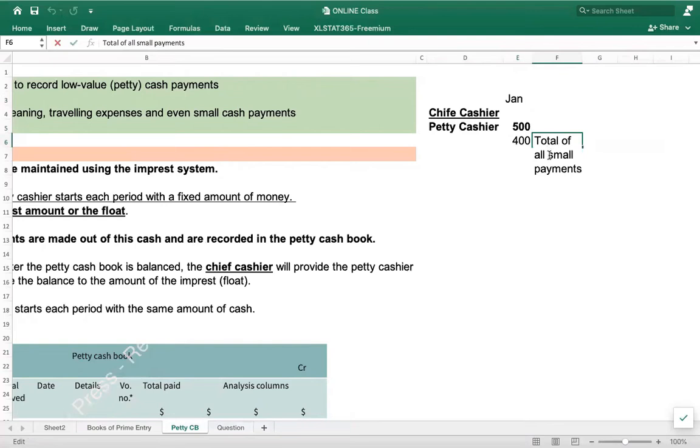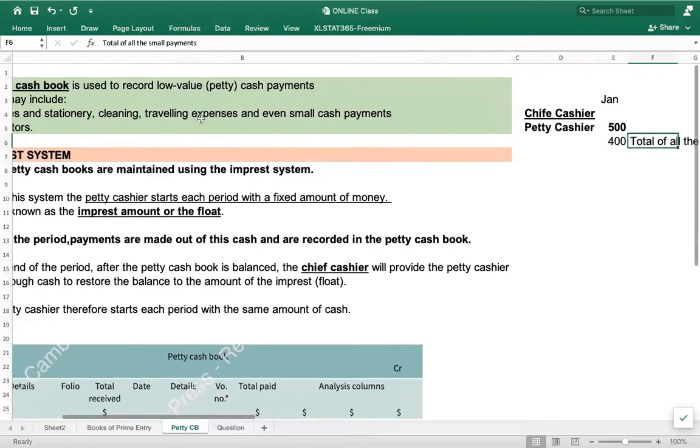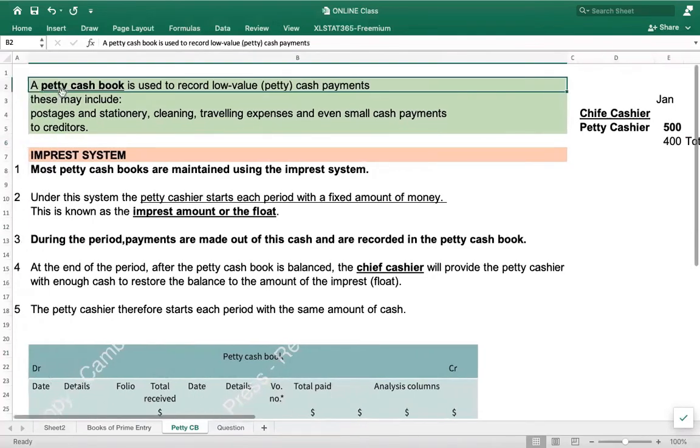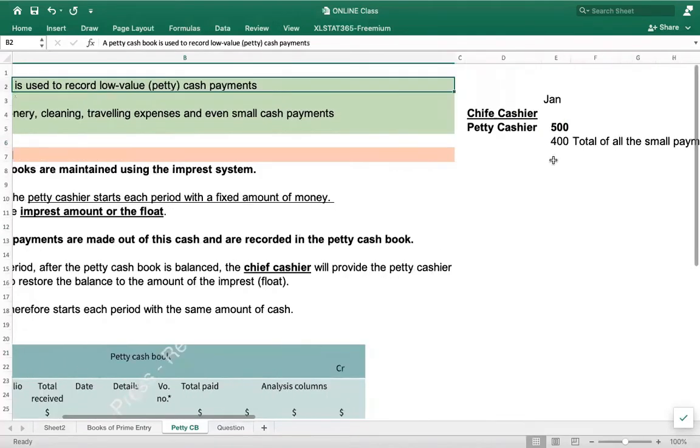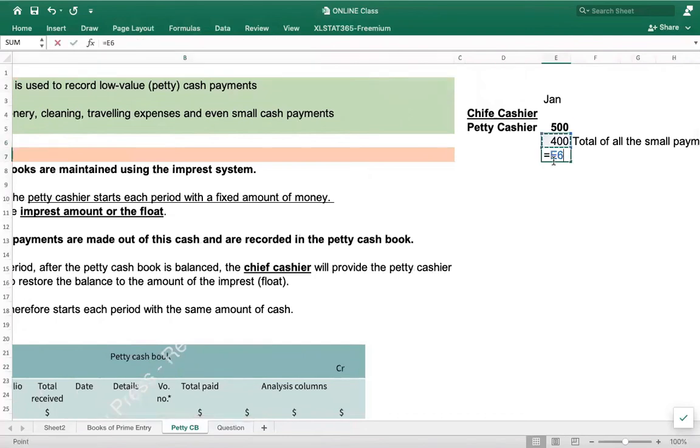Got it? And he has been recording these small payments in the petty cash book, isn't it? Now tell me how much balance is left with him? $100. Now what will the petty cashier do? The petty cashier will show this record to the chief cashier.